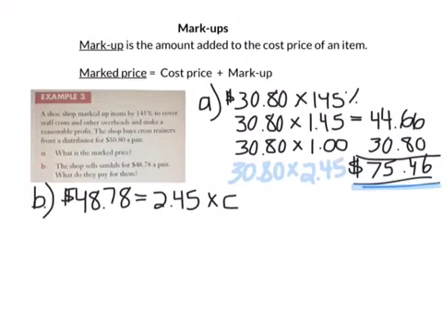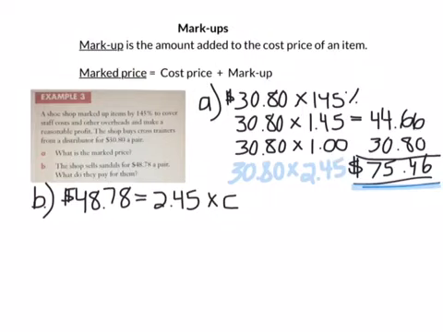We want to get rid of this 2.45 on the right-hand side, don't we? And we want to just have the C by itself on the right-hand side, and then the answer on the left-hand side. Okay, so how do we get rid of that 2.45?